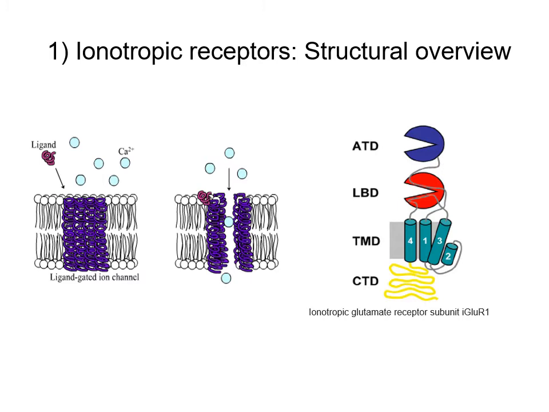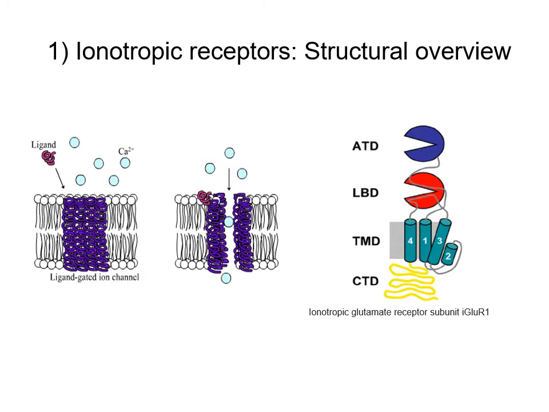So in this scheme on the right side, you can see an overview of a representative subunit of an ionotropic receptor, in which you can see the transmembrane domains that are forming the pore and are considered the membranes that form the channel.